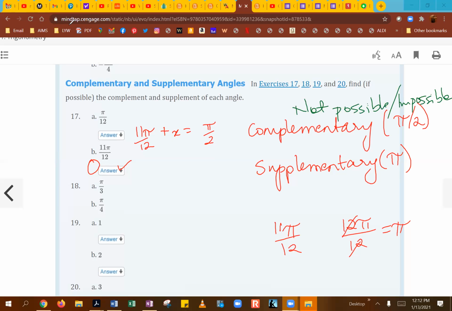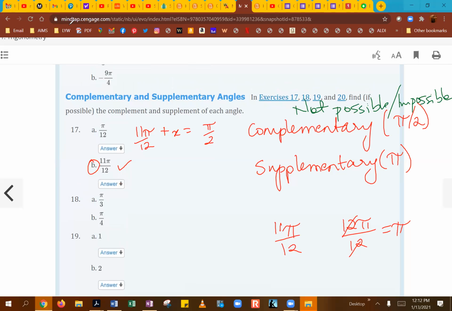Now let's talk about the supplement. What do you think the supplement for this angle will come out to be? You could add 11 pi over 12 plus pi over 12. Yeah, very nice. Exactly. So for the supplement, you are taking 11 pi over 12 and adding some angle to it so that our total comes out to be pi.